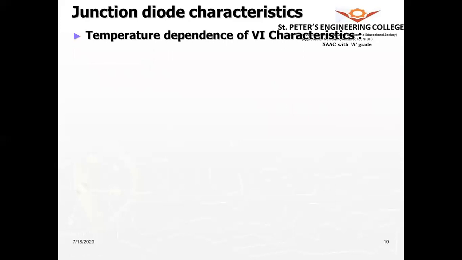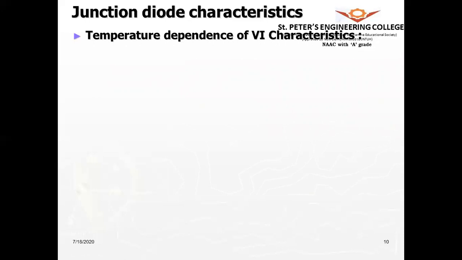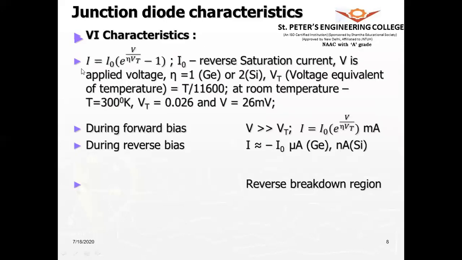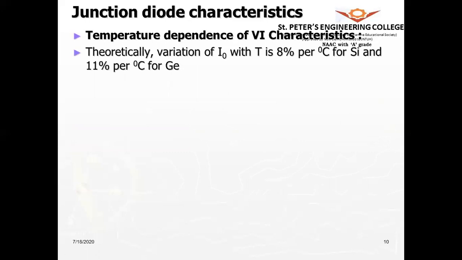The VI characteristics depend upon the temperature because of the reverse saturation current I naught. In the VI characteristics we have seen that the current, whether in the forward bias region or in the reverse bias region, depends upon I naught, the reverse saturation current, and the reverse saturation current is dependent upon the temperature.